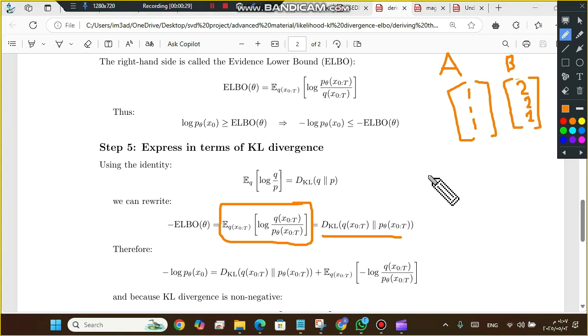The divergence is kind of like the difference, the deviation between those two vectors. So we call it, for example, DKL. This is a specific type of divergence, again between A and B.